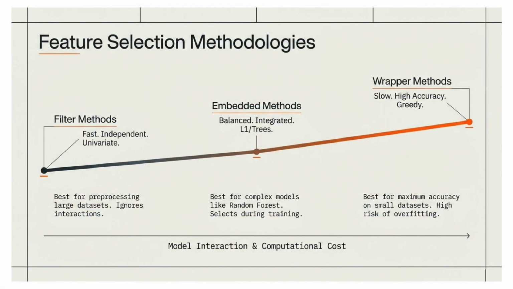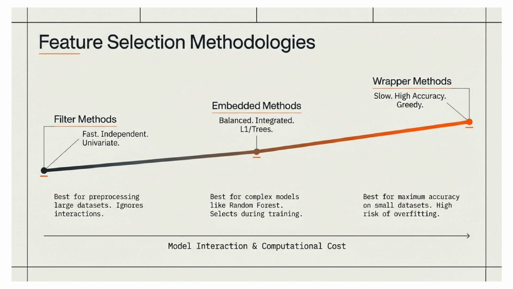Feature selection is about choosing the most useful inputs for a model so that it learns faster and performs better. The first method is filter methods, which work independently of any machine learning models. They are very fast and are usually applied at the beginning, especially when the data set is large.